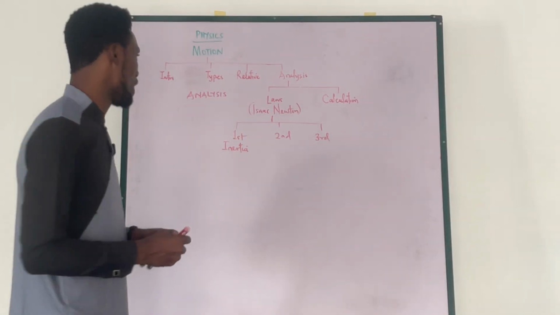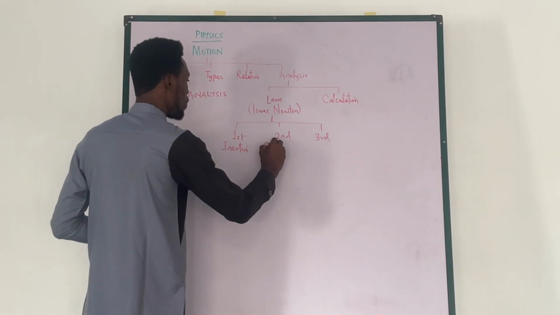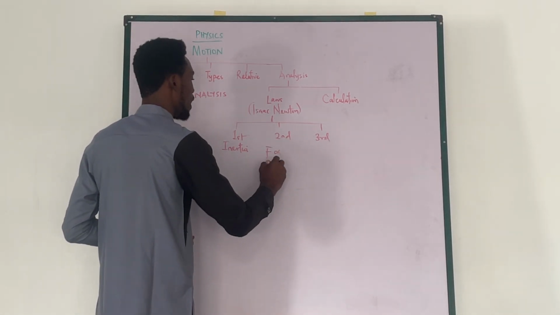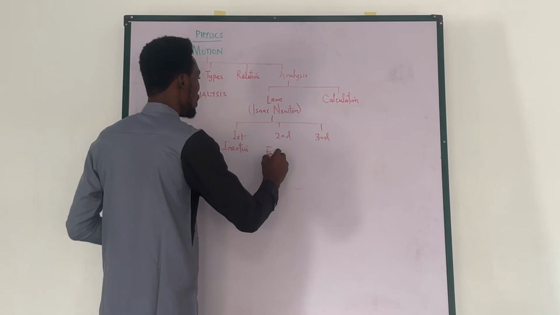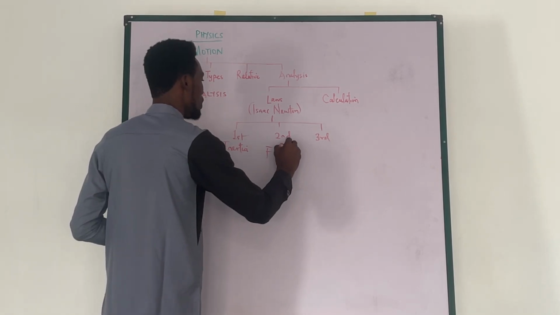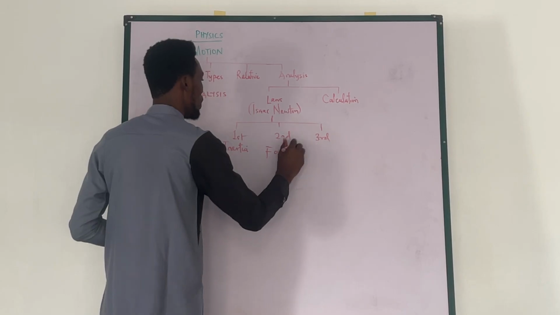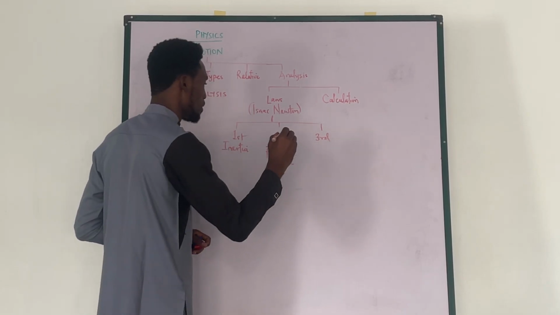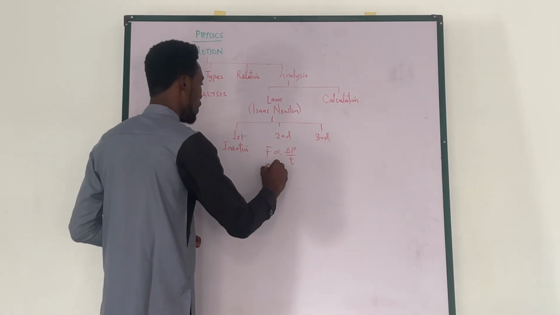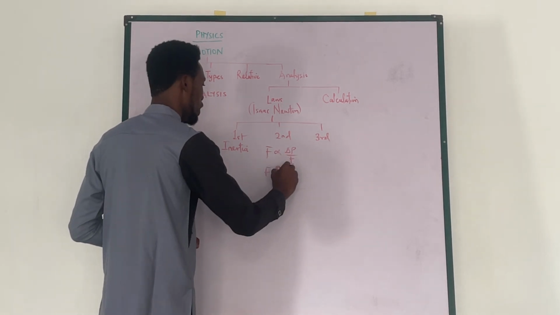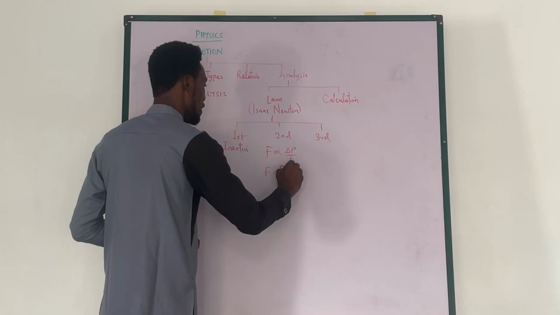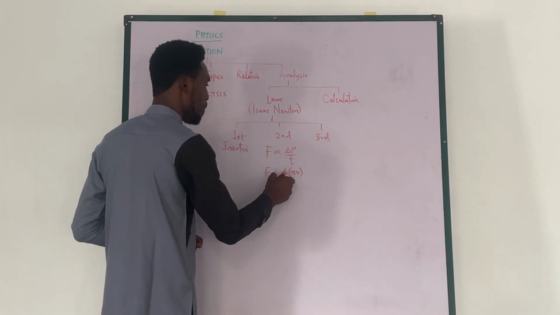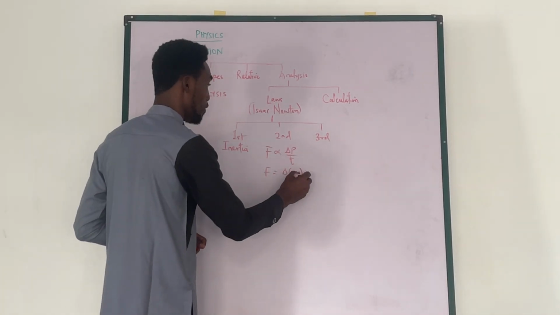What does this mean mathematically? It simply means that force F varies directly as change in momentum over time taken. So we are saying that F equals change in mv over time, because momentum is mass times velocity.